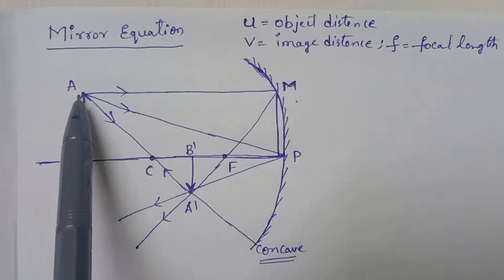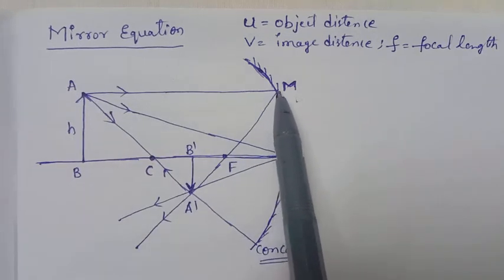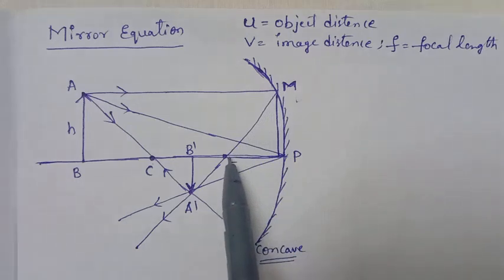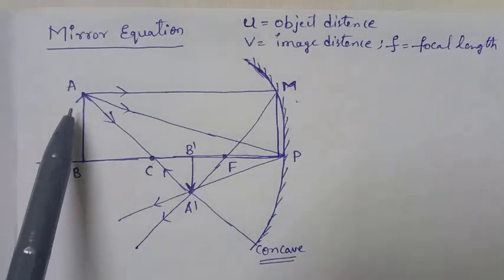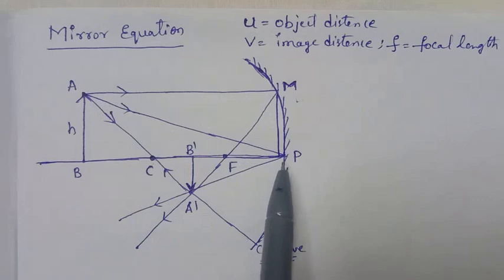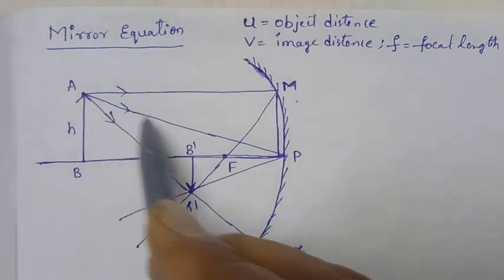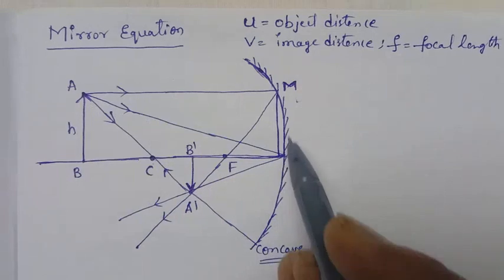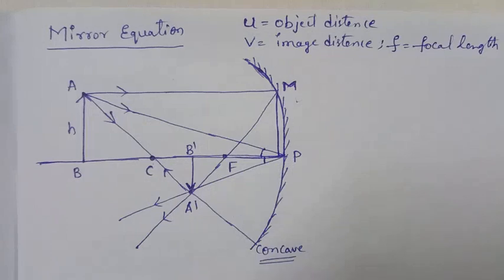When the first ray passes parallel to the principal axis, it is reflected through the focus, coming like this. The second ray is incident at the pole and is reflected like this. At the pole, according to the law of reflection, the incident angle is equal to the reflection angle.